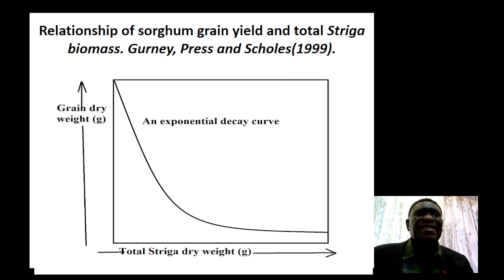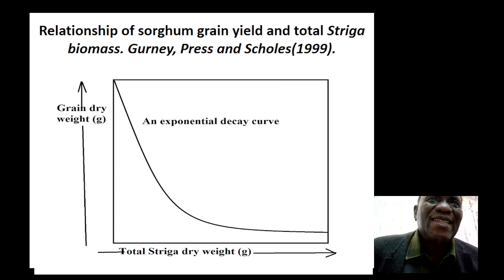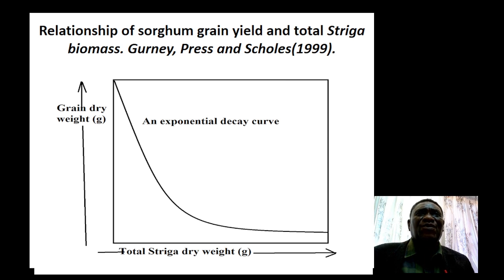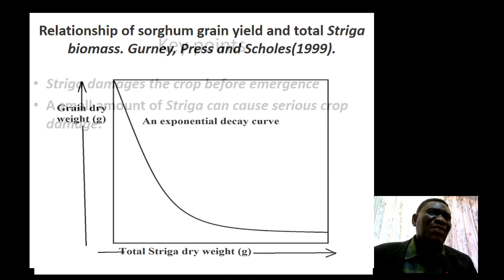What it means is that you only need a few plants of striga to cause big yield reduction. So if you see a few plants of striga in a field, you should take action. Otherwise, you can have serious problems.